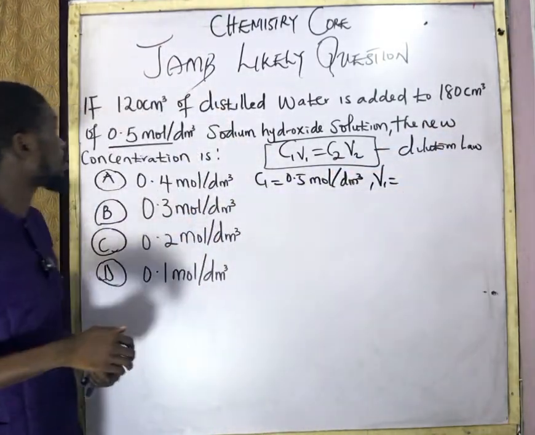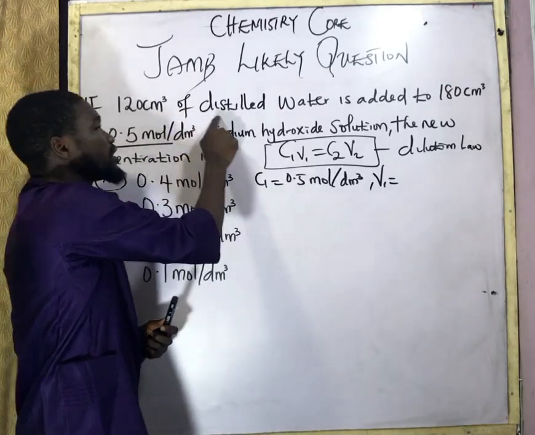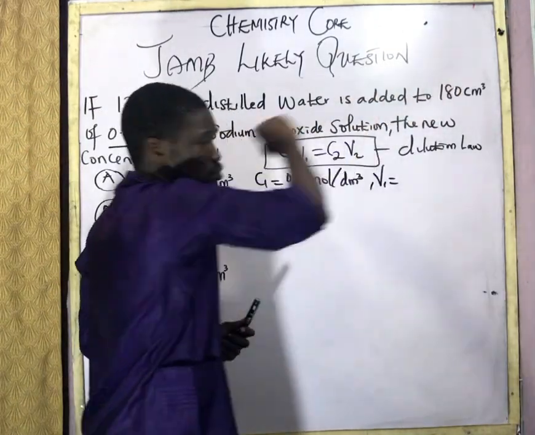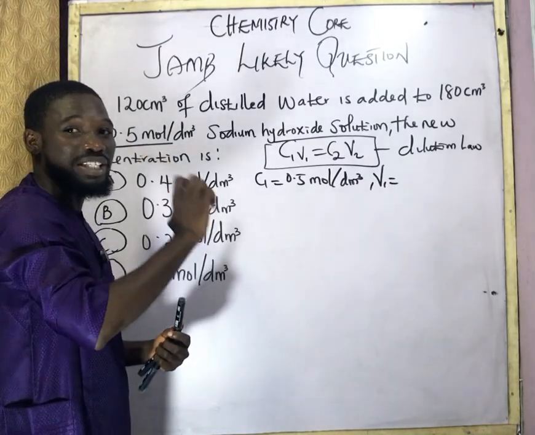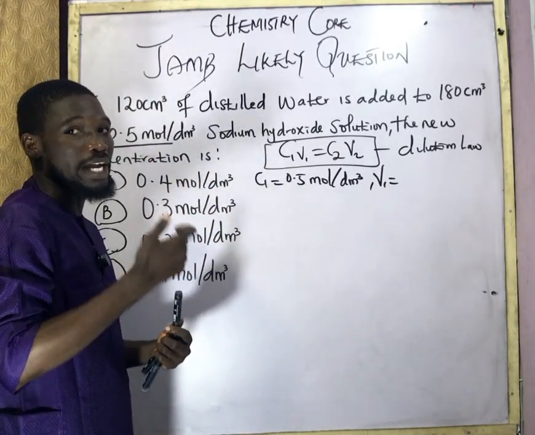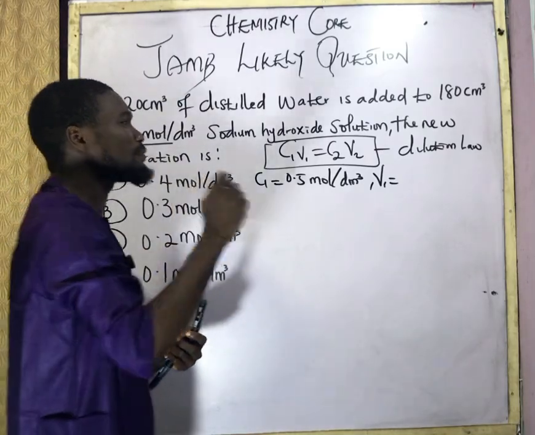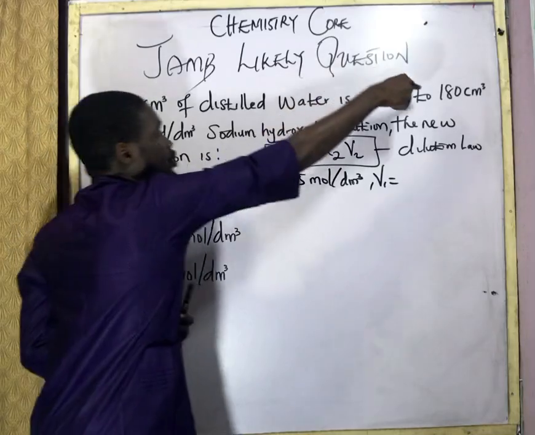If you look at the question, be careful. It says 120 cm³ of distilled water is added to it. The 120 does not show that it is the initial volume, rather it is the final volume. The initial volume is this, because this 120 is added to that.